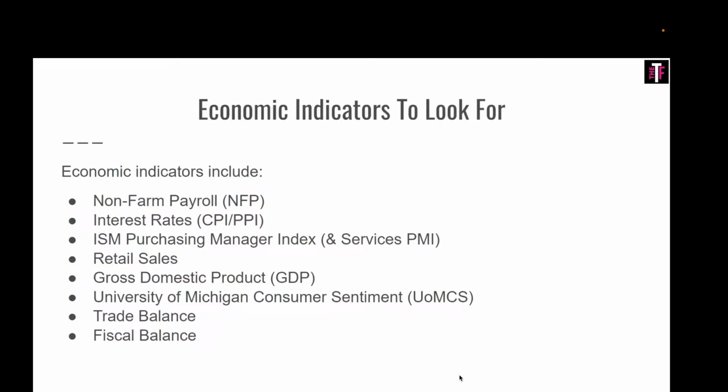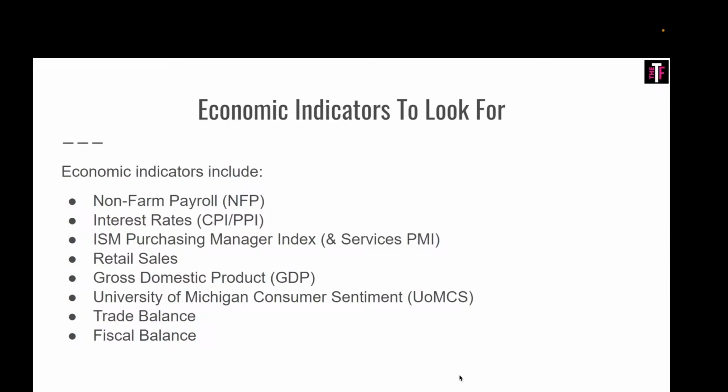A trade deficit means they're importing way more goods than they're exporting, so they're at a net negative, and their economy is more dependent on the outside instead of themselves. So that's basically the trade balance. Just know what a surplus is and what a deficit is. Net positive is a surplus. Net negative is a trade deficit.